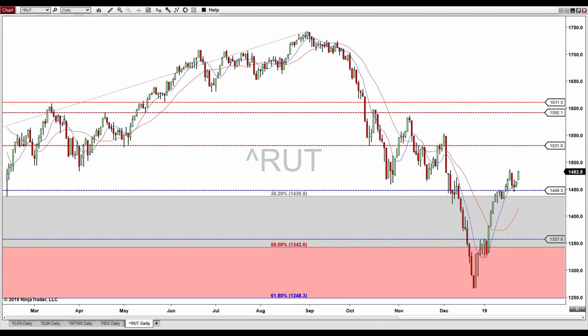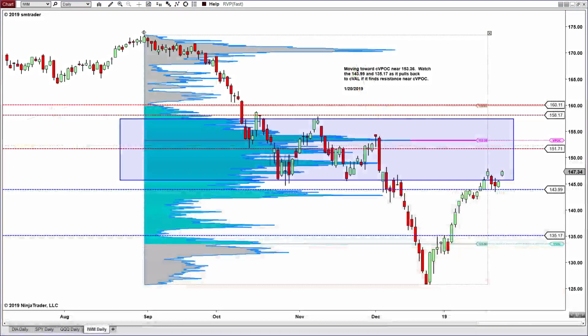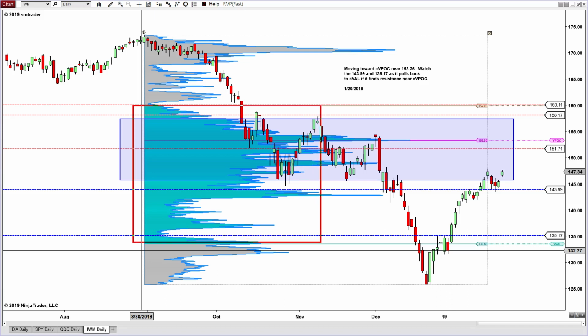And if we take a look at the IWM, the ETF for the Russell 2000, you can see again, it is inside of this value area, and it is getting near the point of control, the composite volume point of control, and it is also inside of this range here.